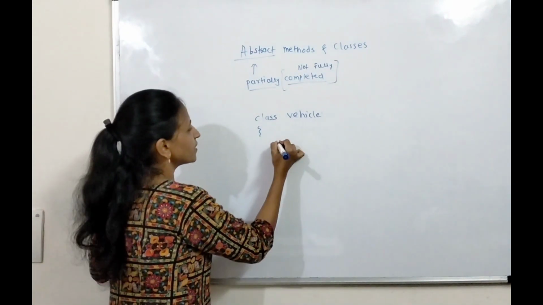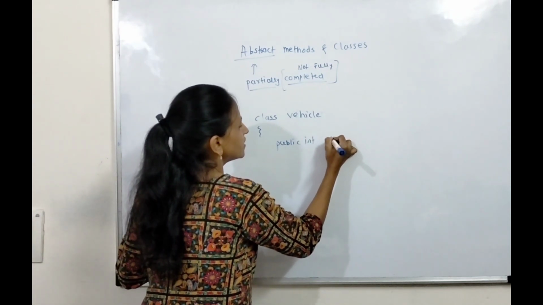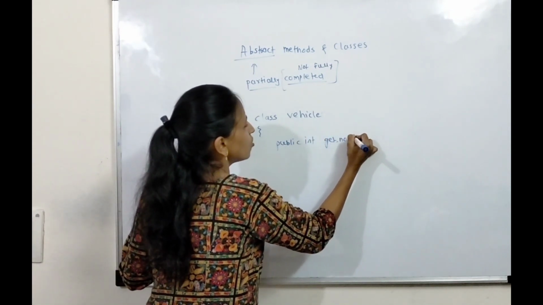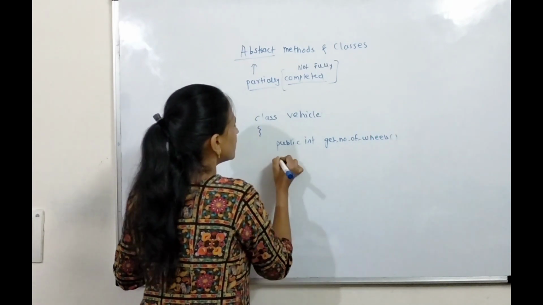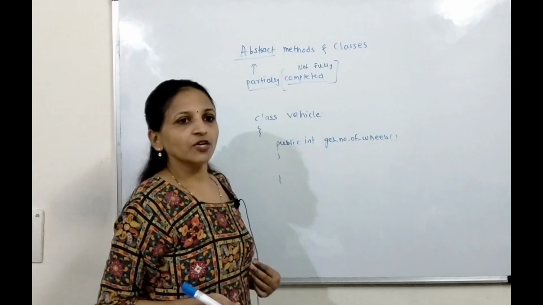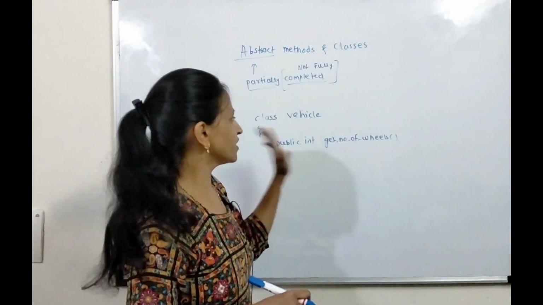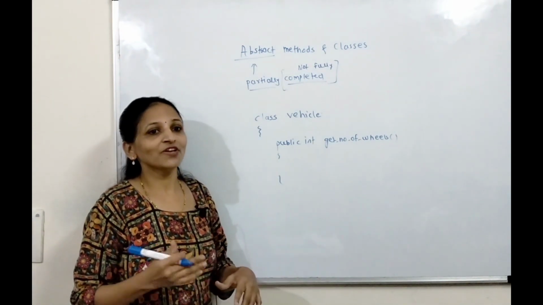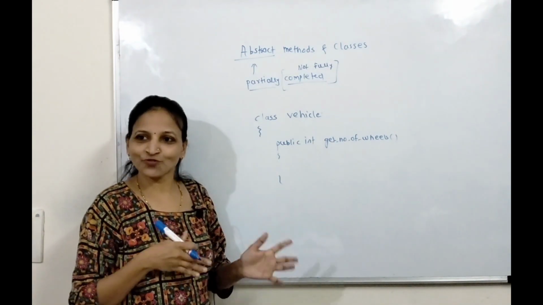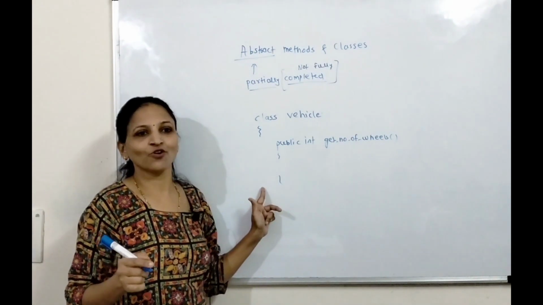I will write the method as public int getNumberOfWheels. Now see, that vehicle may be a 2-wheeler, 3-wheeler or 4-wheeler, and on that basis it will return. First we will create this Vehicle class, and from that we will create derived classes like 2-wheeler, 3-wheeler, 4-wheeler. Getting? And this is just like a base for all.